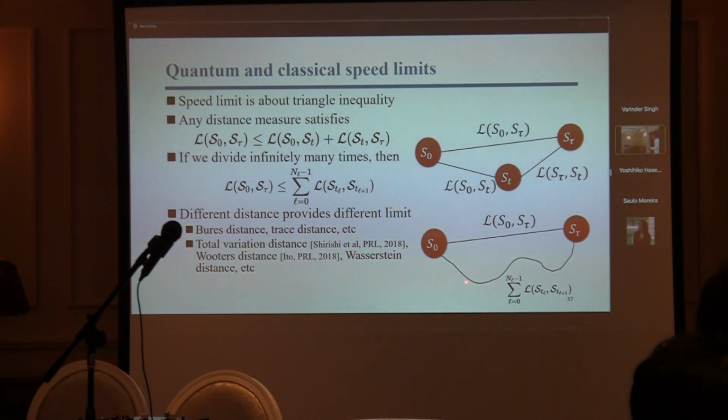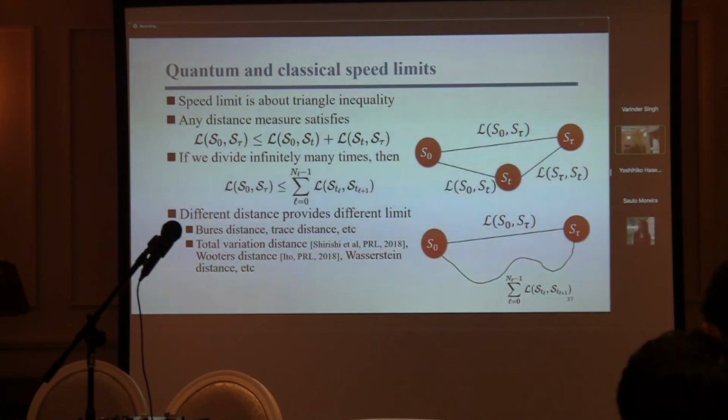And the right-hand side is the distance along this time evolution of S. By using this simple triangle inequality, basically most speed limits can be obtained. Of course, there are some exceptions, but most speed limits can be derived from this simple equation.